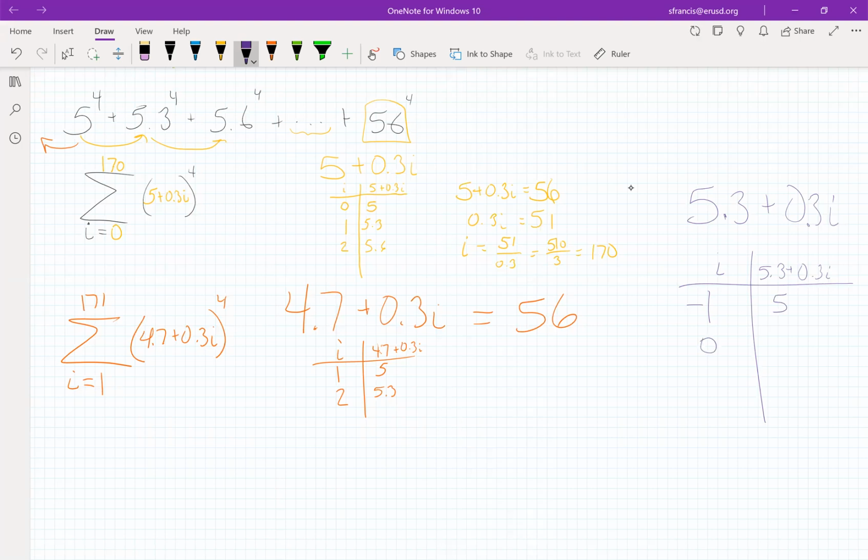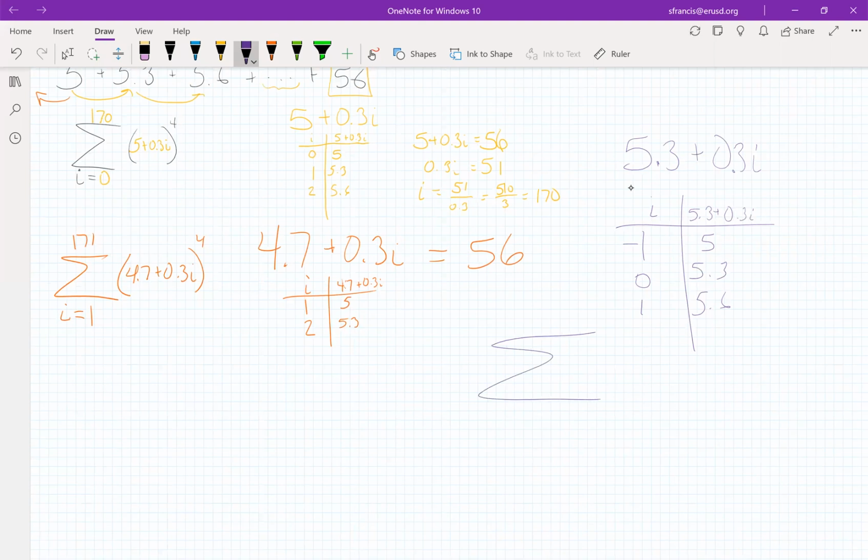When I plug in 0, I'm going to get 5.3. When I plug in 1, I'll get 5.6. So I could write it as a sum from i equals -1 to 5.3 plus 0.3i raised to the 4th power. Now, where am I going to stop it? I got to stop 1 earlier. I shifted everything to the left 1, so I'd stop it at 169 instead of at 170.